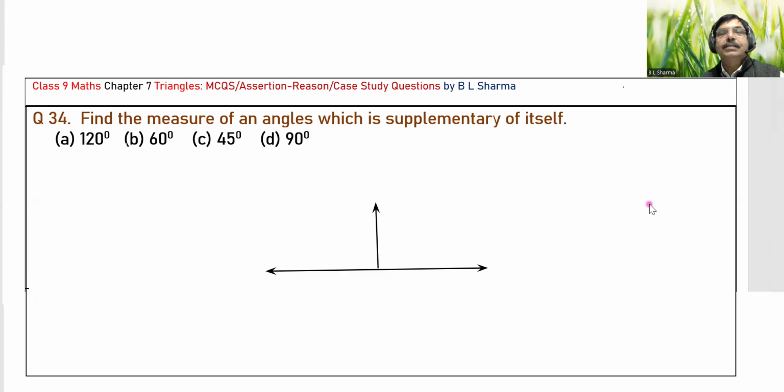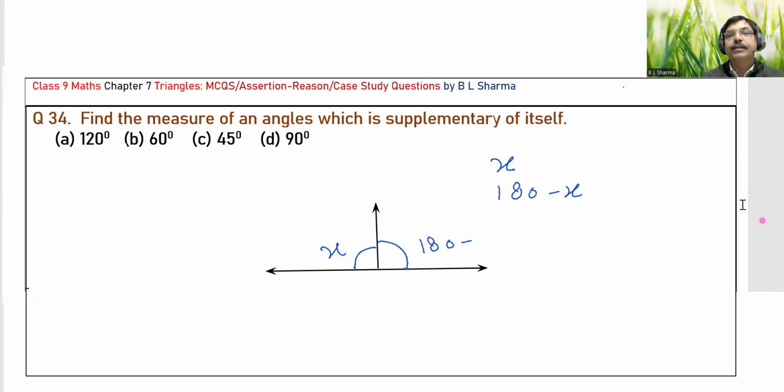Two angles are said to be supplementary if their sum is 180 degrees. Let one angle be x degrees. Its supplementary will be 180 minus x degrees. But it is given that the angle and its supplementary angle are equal.